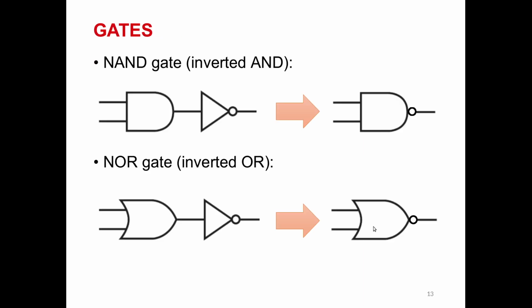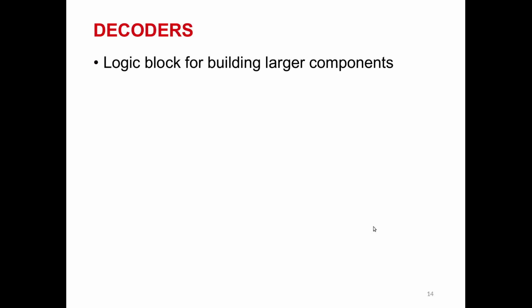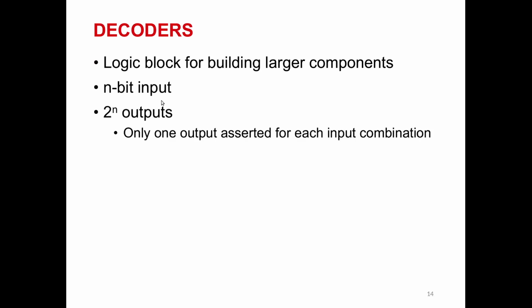Another logic function that is often used in computer design is the decoder. You can use those three basic logic gates and combine them together to make the decoder.